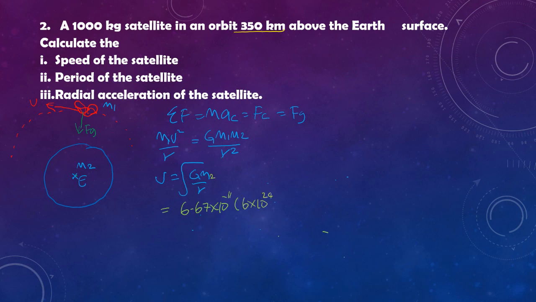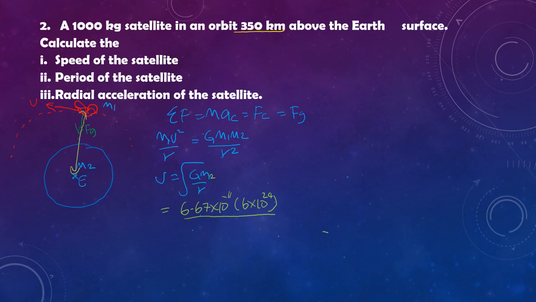Don't worry, all the constants will be given. And the radius of the satellite's orbit: we must include the altitude because it moves in an orbit about 350 kilometers above the Earth. So we must add the radius of the Earth, because r here is from the satellite to the center of the Earth.